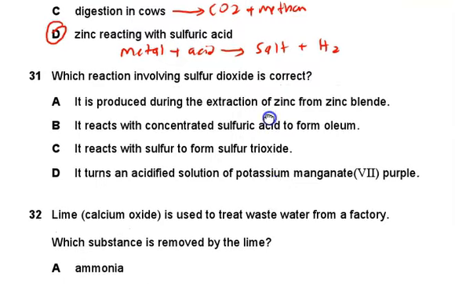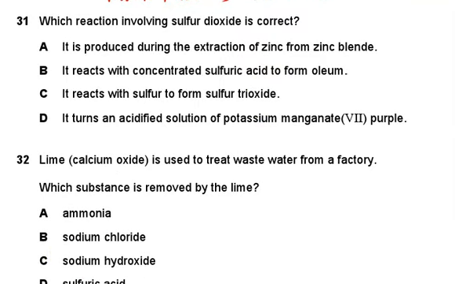Okay, now look at number 31. Which reaction involves sulfur dioxide? It is produced during extraction of zinc from zinc blende. Zinc blende is zinc sulfide.